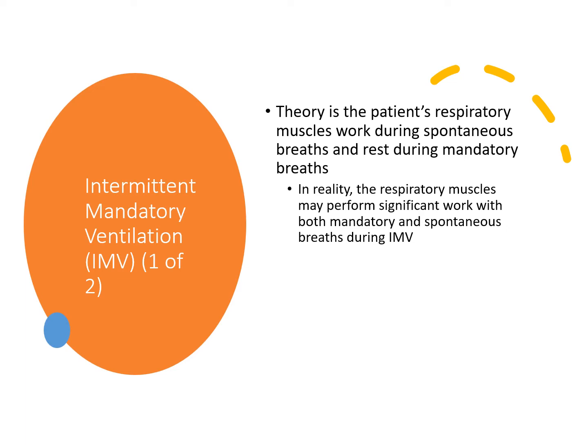So common practice was just to take the frequency down, right? Just progressively reduce the mandatory rate, 1 to 2 breaths per minute, and we're just going to look at the patient's improvement and then go off of that before we keep turning it down. You're not just turning it down to be cruel, but we keep turning it down, and then if we need to, we can add pressure support in those spontaneous breaths to help reduce any work of breathing that we're seeing in between.